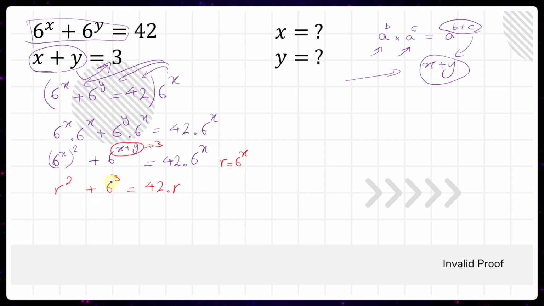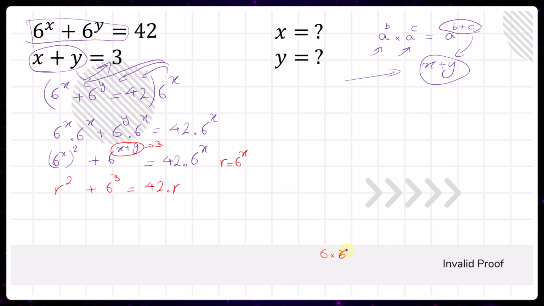Now, this is a simple equation of degree 2 that we can solve in any way that we know, but we'll see how it goes. So let's rewrite it. Now, let's calculate 6 to the power of 3. We can of course use a calculator or any other way that we know, but I would like to calculate it like this.